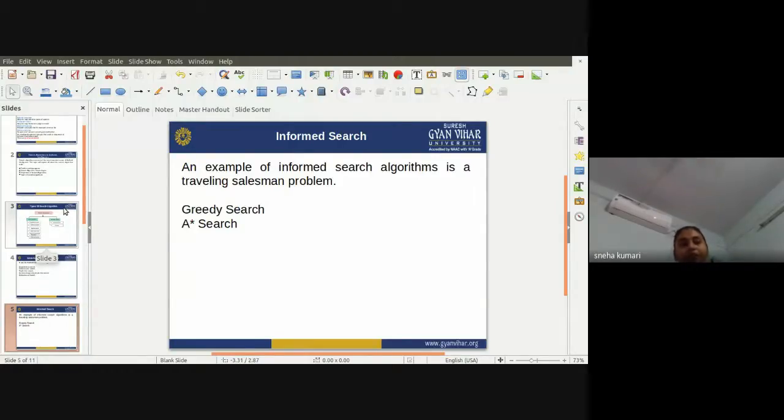See, in uninformed search, what exactly do we do? We apply the brute force technique, and as we know, the brute force technique finds all the possible solutions, or applies all the possible ways to find the goal node.